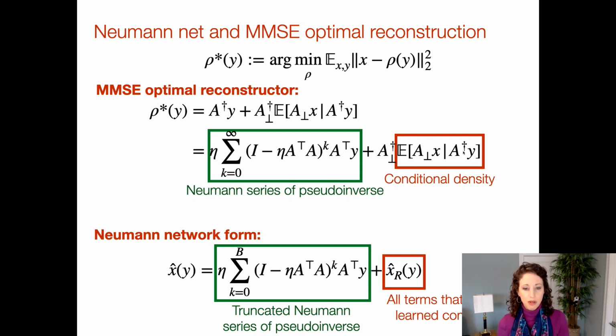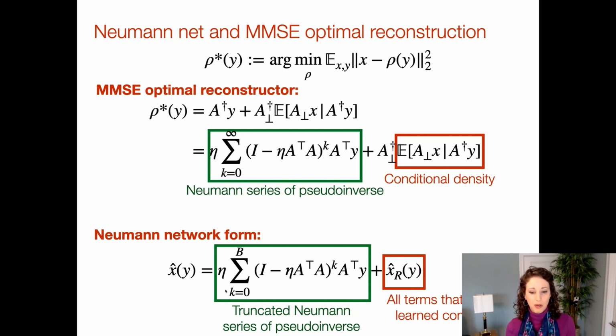Now what we can also do is we can think about this Neumann network and what it's actually computing with this sort of block diagram with B different blocks. And again, using some algebraic manipulations, we can show that the output of this Neumann network that we're going to train corresponds to a truncated Neumann series of the pseudo-inverse that corresponds to a close approximation to the green block in the optimal reconstructor, plus another term that depends on the learned component, the learned neural network.